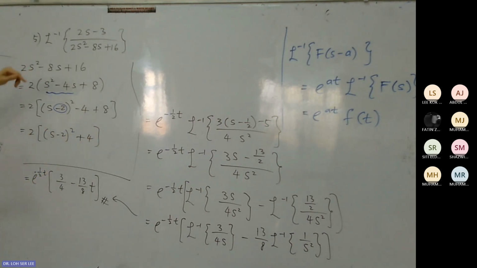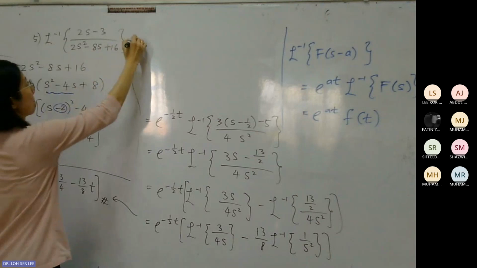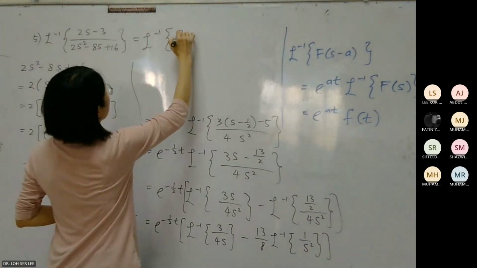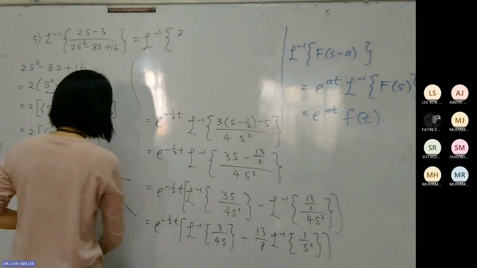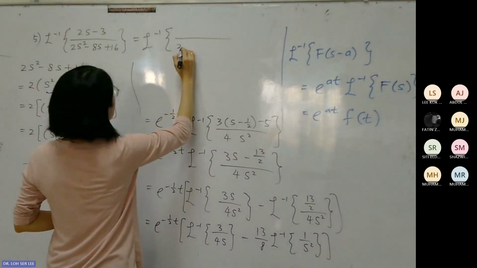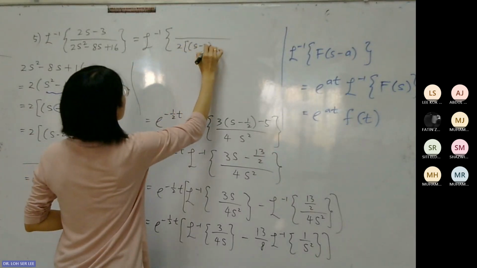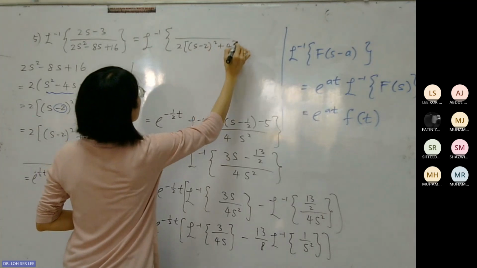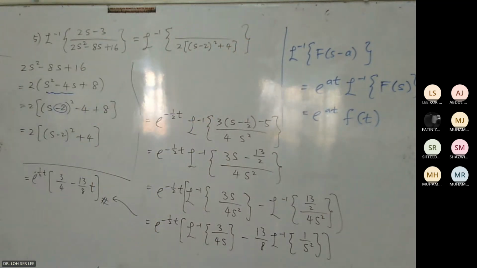Okay, now you put this back. We write the bottom function first. 2 times s minus 2 squared plus 4. So from the bottom function, we know that the s is s minus 2.